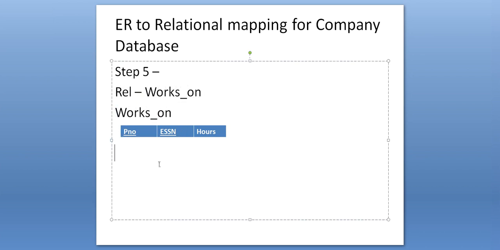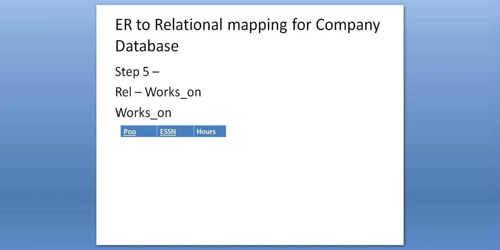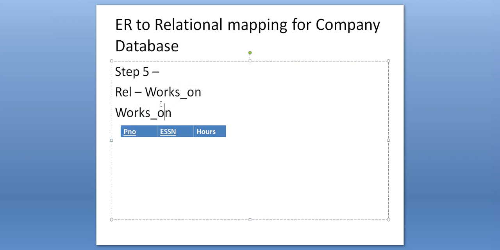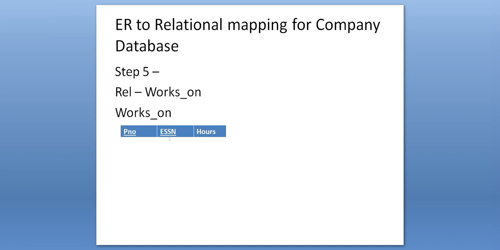And if there is any attribute for the works on relationship type, then we have to put it here. Hours was an attribute for the works on relationship type, so we will put hours here as an attribute for this works on relation.